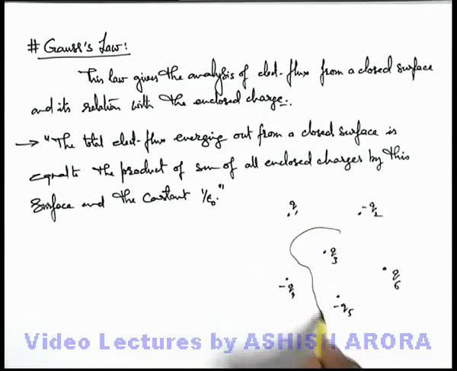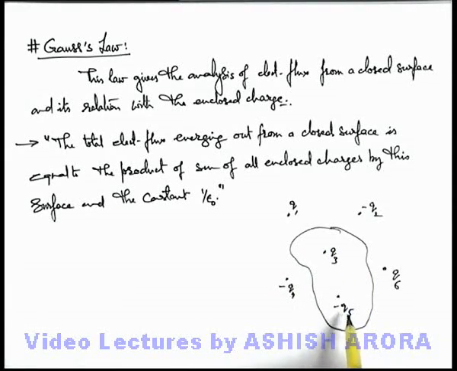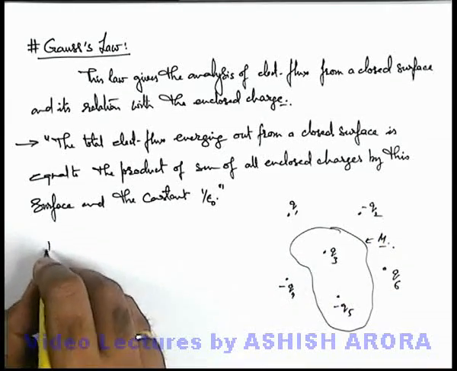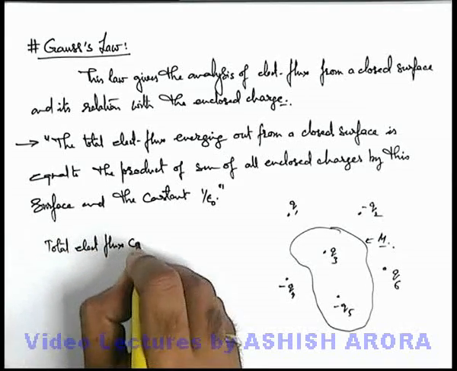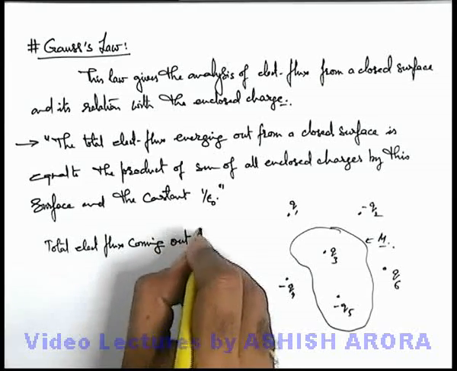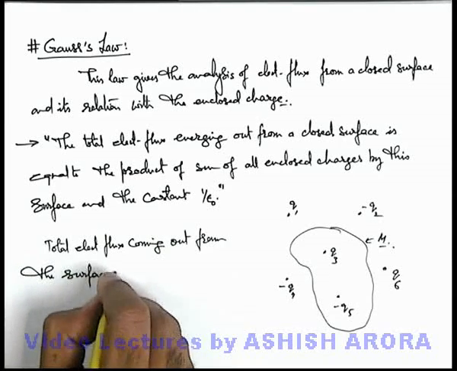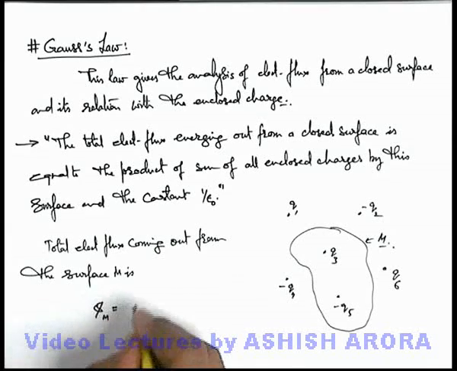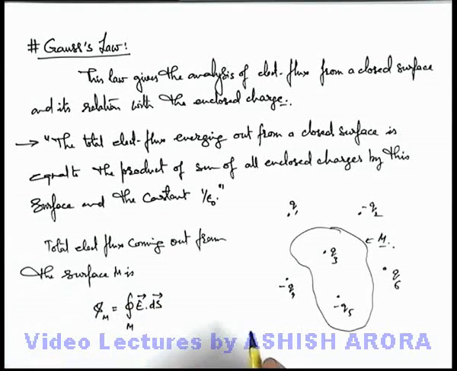And say we consider a closed surface which encloses the two charges Q3 and minus Q5 and say the surface is named as M. Then we can say total electric flux coming out from the surface M can be calculated by the expression integration of E dot ds for the closed surface M. This is the way how we mathematically calculate.